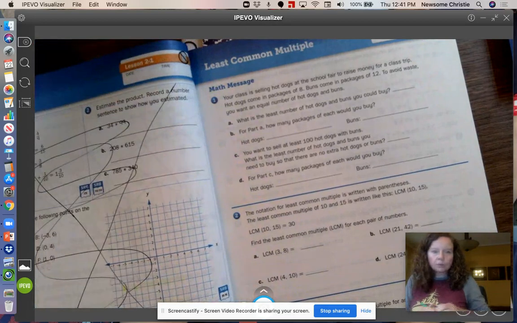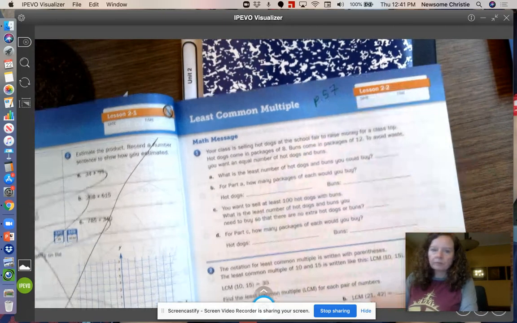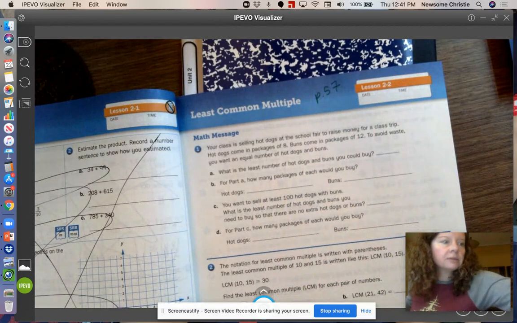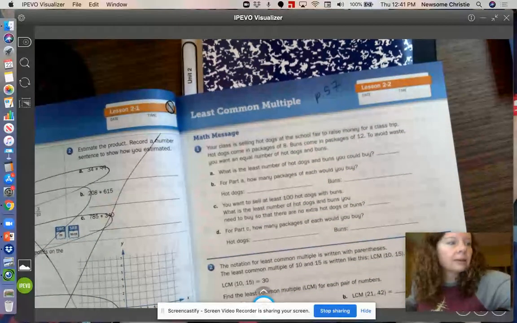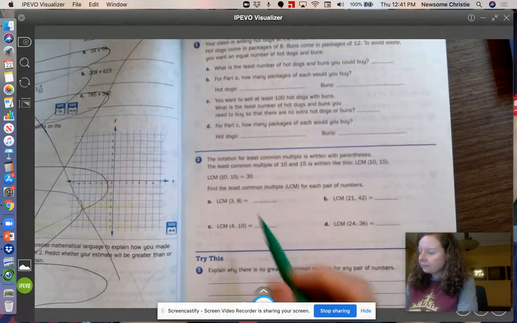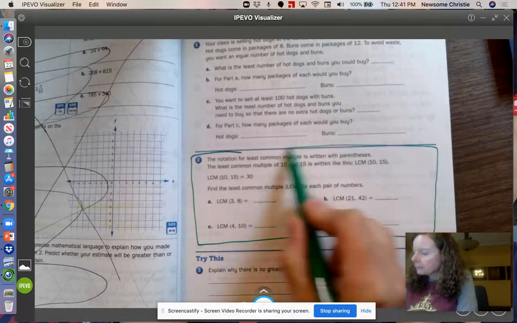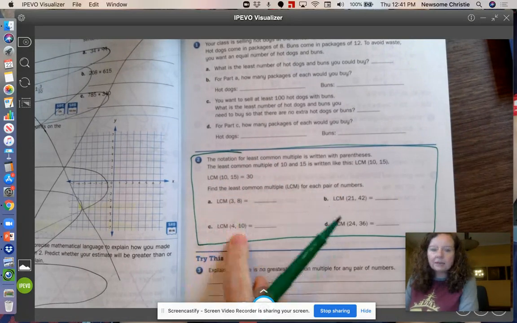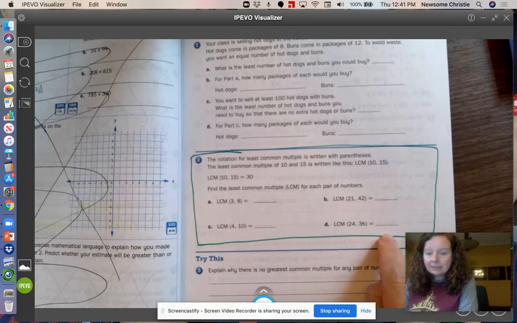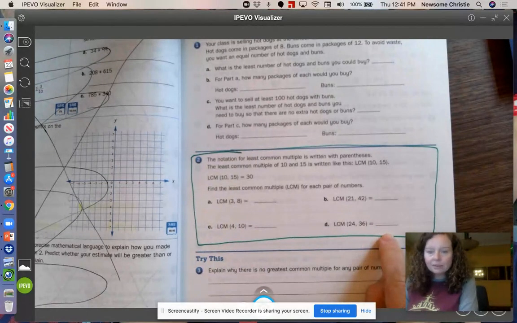okay, we are on page 57. Okay, and let me grab a Post-it so I can write this down for you. The part that I would like you to work on page 57 is number 2. Okay, so number 2 has LCM of these things, and that's least common multiple. You're welcome to try the list method on these if you want, to try just listing out what those multiples are and finding the smallest one.